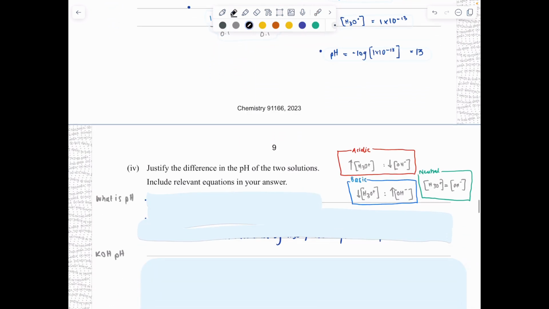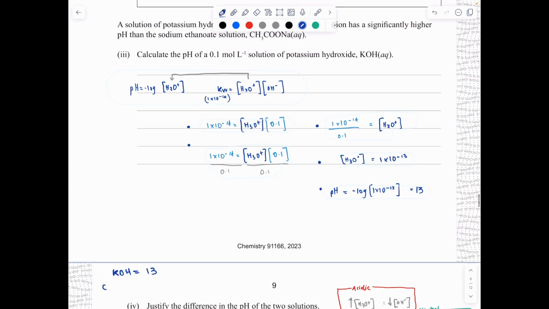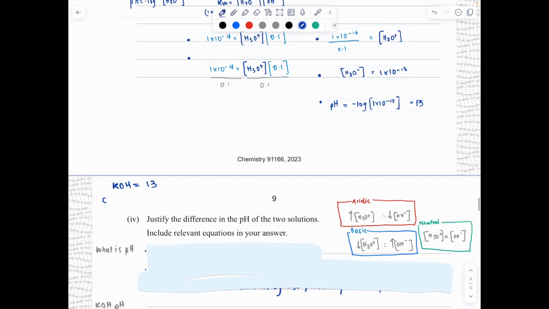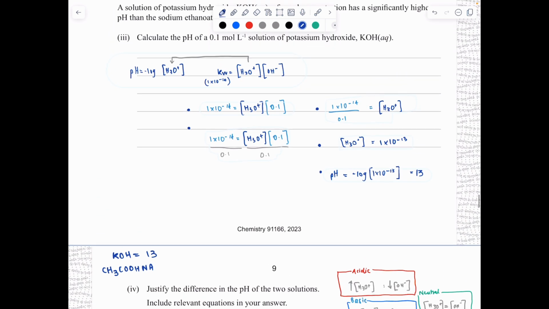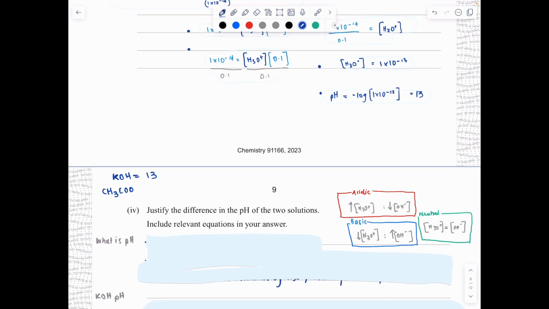let me write it down actually. KOH has a pH of 13, and then sodium ethanoate has a pH of 8.8, okay?